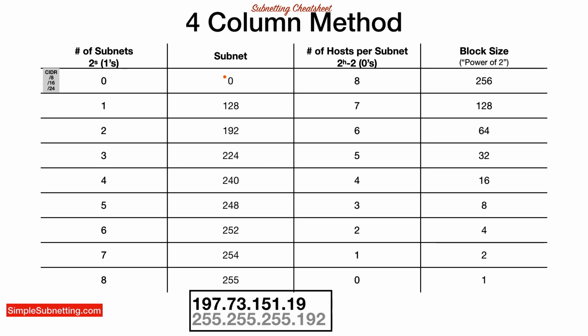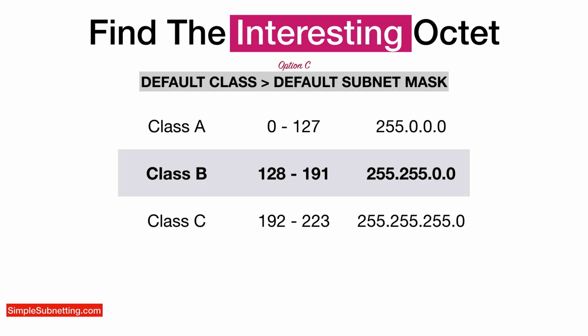Here we have A, which is 0 to 127, B is 128 to 191, and C is 192 to 223. So just remember that that's A, B, C. That will help you if you need to figure out the ranges. You also need to know the default subnet mask, and that's just something you're going to have to remember. Typically, it's 3 zeros, 2 zeros, and 1 zero is how I like to memorize it, but that's just another way to figure it out.